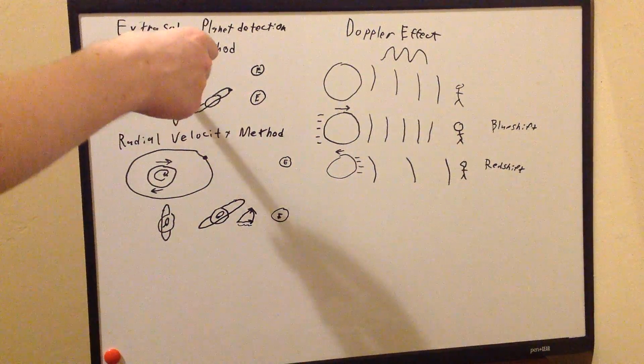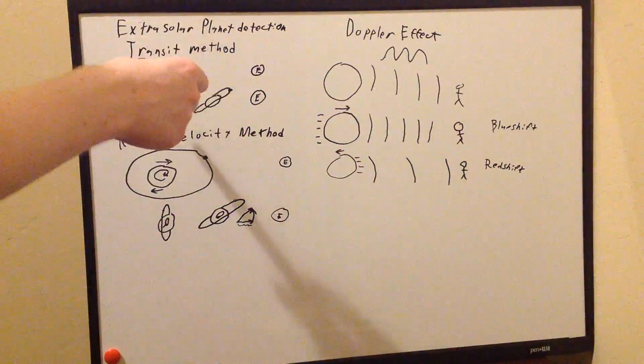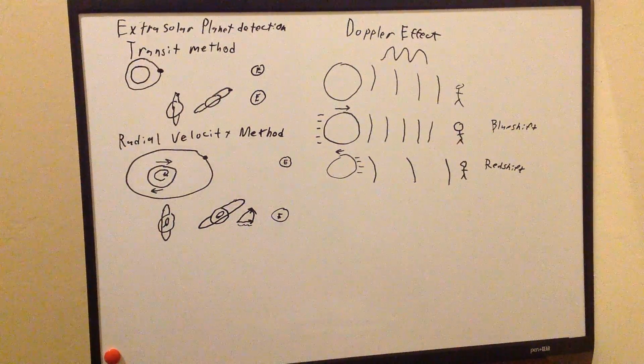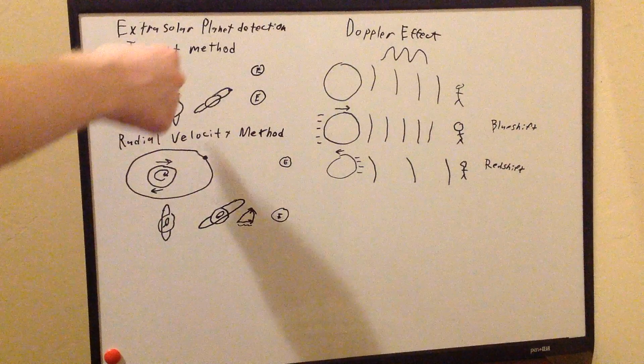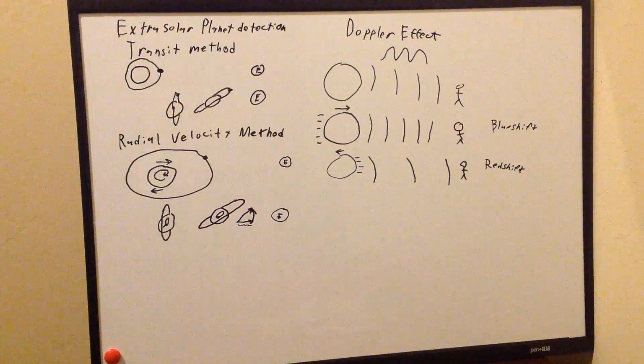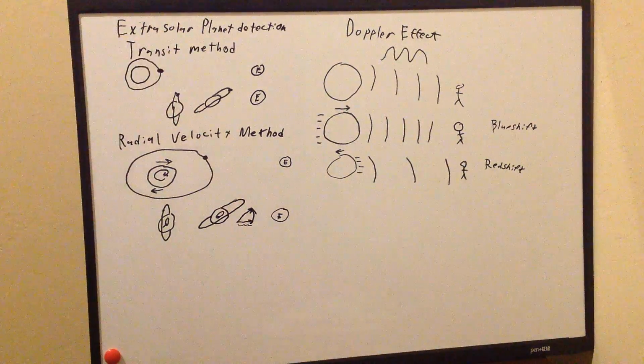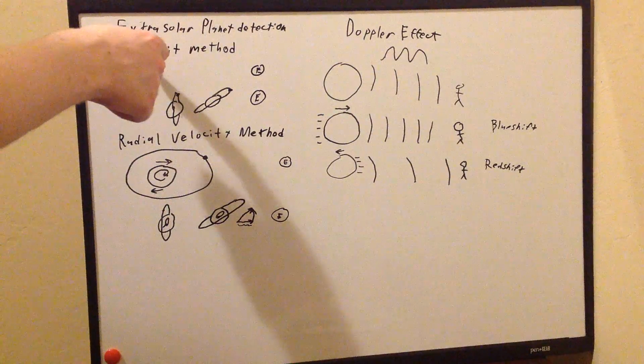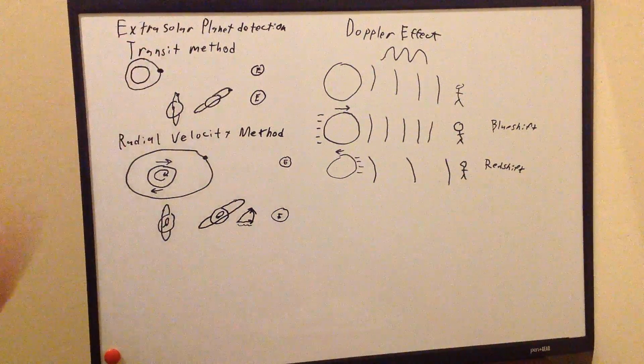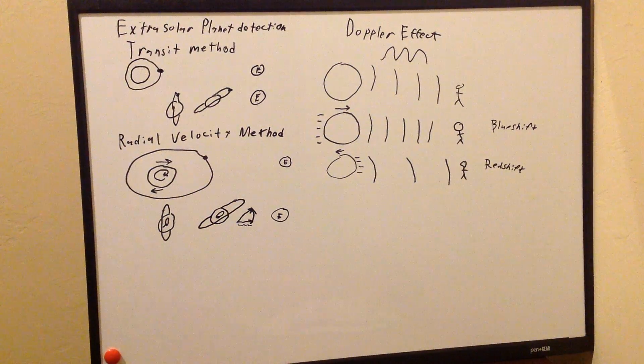If you think about it, a planet that's really big and really close to its star is going to block a lot of light for the transit method, right? So it'll be easier to notice a star dipping in light from a planet that's really close to it and really big, especially because the planet is also going to be doing fast orbits, so it won't take you as long as some other planets to see it happening 3 or 4 times and be able to confirm it, right?